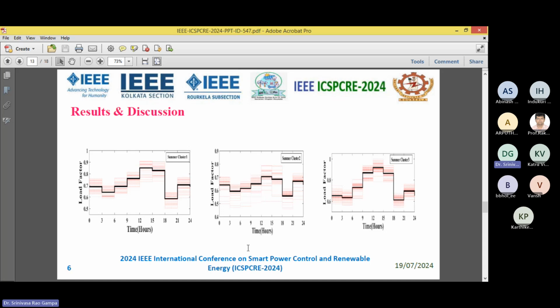Sir, the load factor is based on the total peak load. In the daily 24 hours, the load varies every hour, sir. So based on the hourly basis, this is the actual power requirement from the substation.